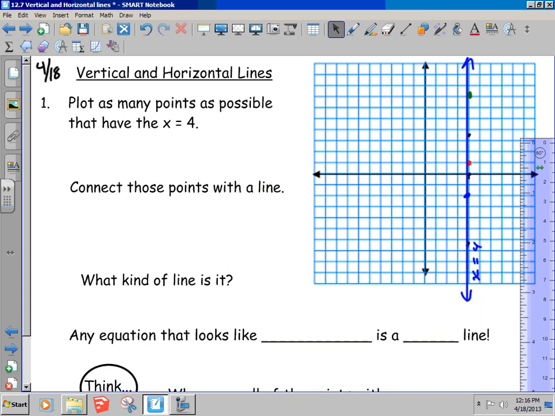Is anyone thinking those points don't have x values of 4? Do you all agree that all of those points have x values of 4? Good. So what kind of line is it? What vocabulary word would we use to describe this line, Ben? A vertical line. Yeah, it's a vertical line.